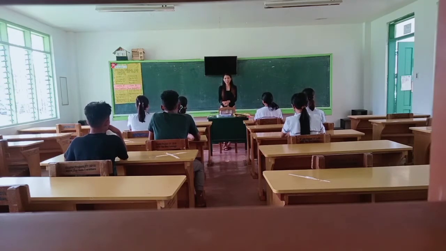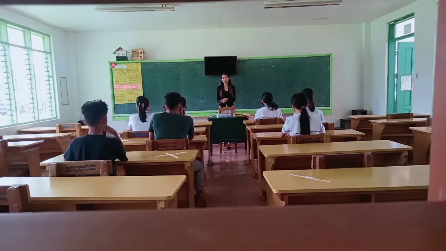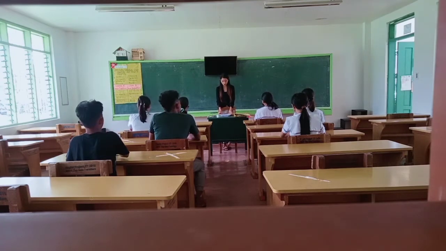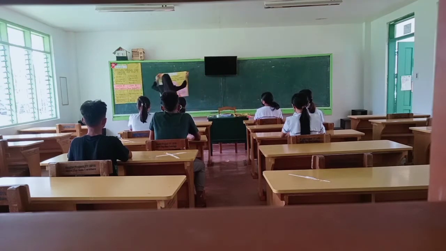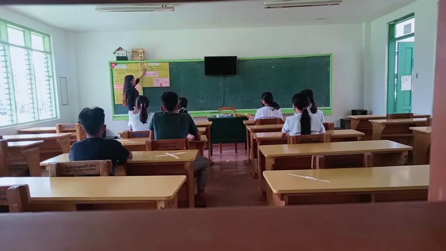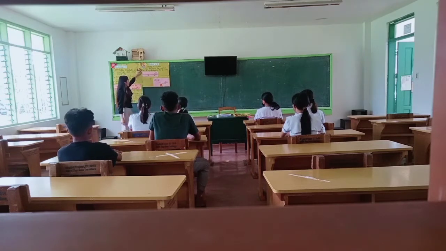Yes, I see that you really understand our previous lesson. So now let's officially open our new lesson. Here's your activity 2. Looking at a picture, try to guess the correct word by analyzing the picture.